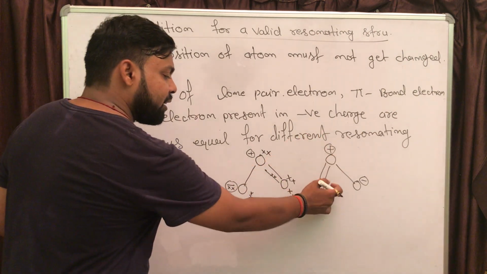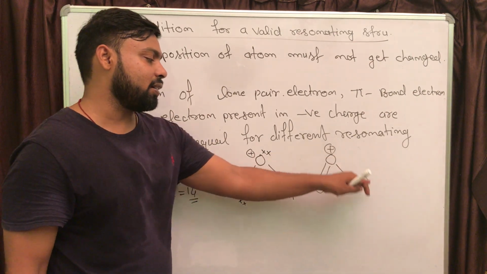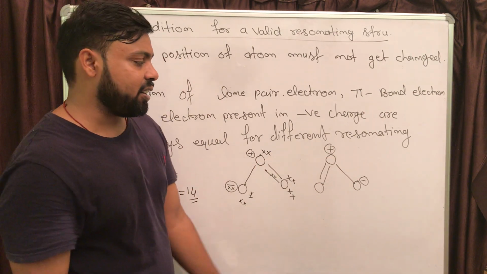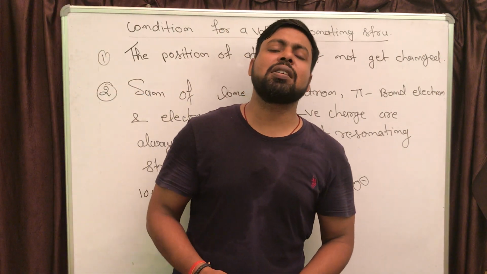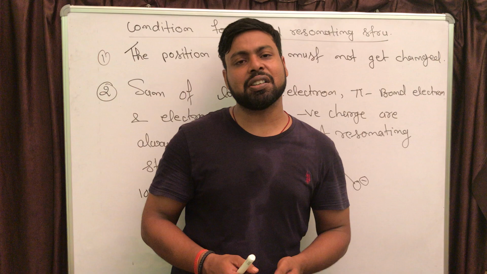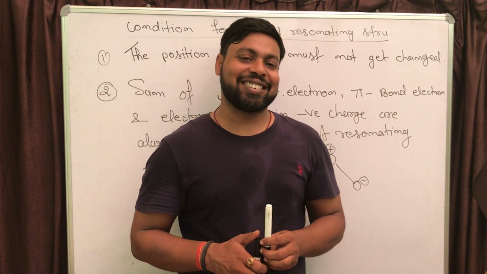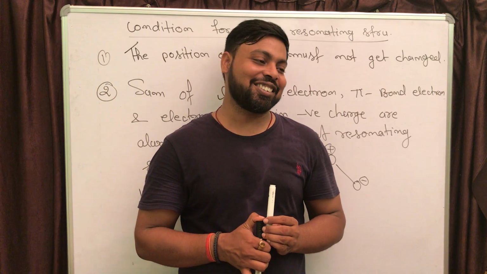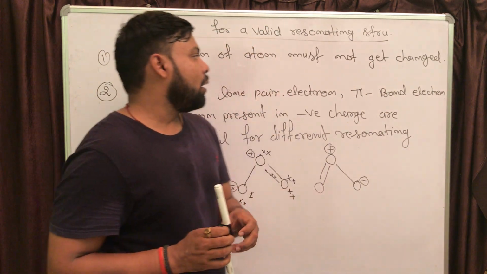Similarly, you can calculate the sum of lone pair electrons, pi bonded electrons, and electrons present in the negative charge for the second structure. Again you are going to get 14. This must be constant. If this value is varying, then definitely one of the structures is not valid, right?